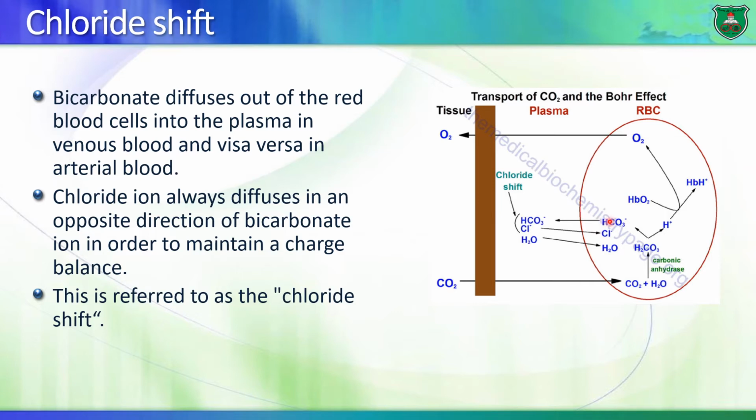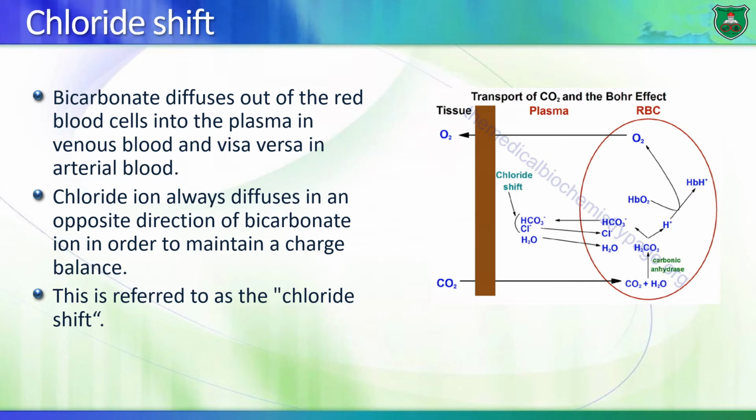So whenever you have exit of the bicarbonate ion out of red blood cells, this is balanced by entry of chloride ions. And whenever the bicarbonate ion gets into cells, the chloride ions would go out. So this is known as the chloride shift, and it maintains the charge difference across the plasma membrane of red blood cells.